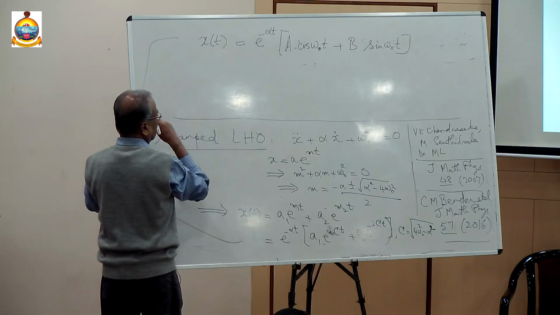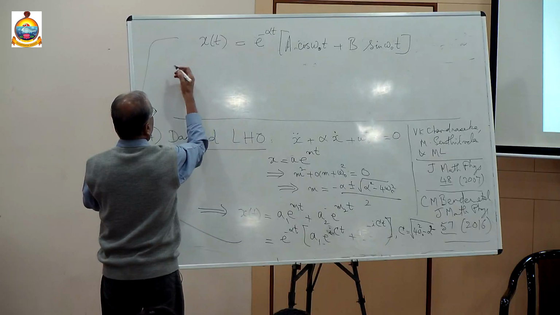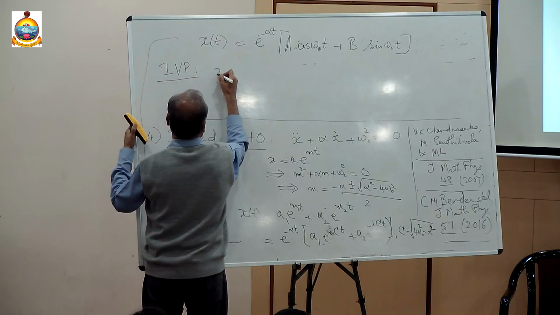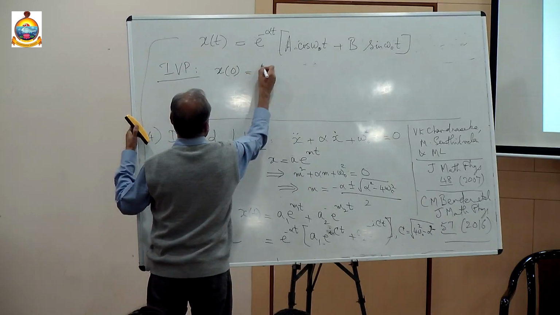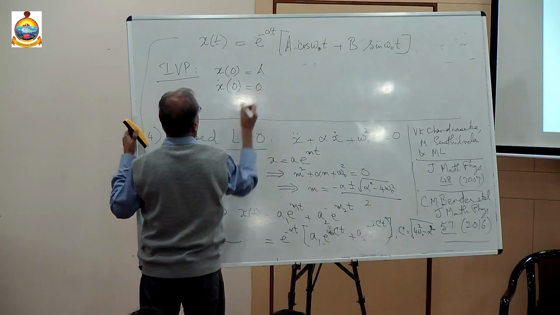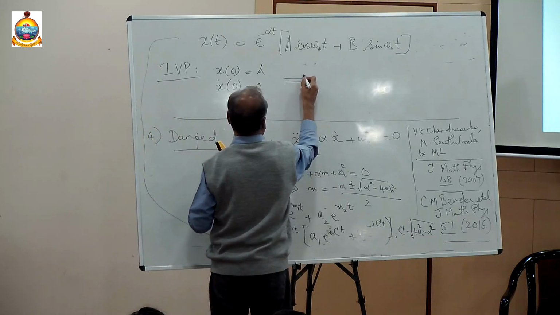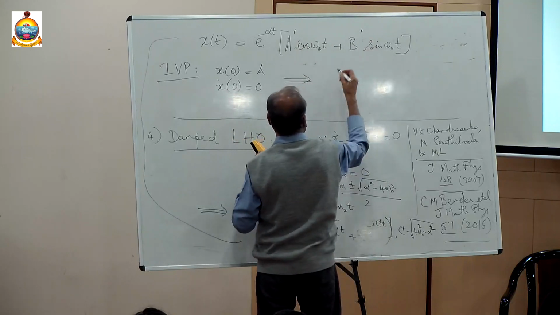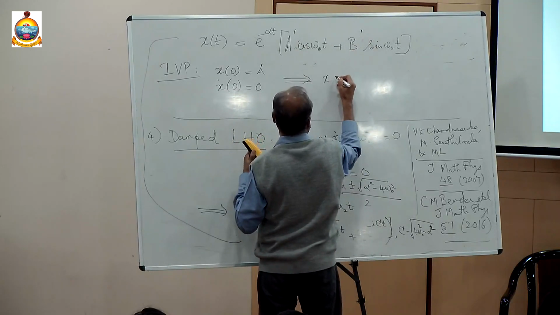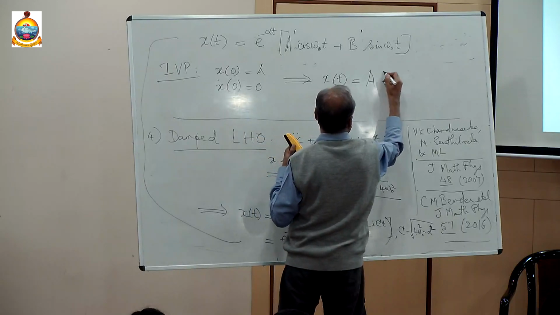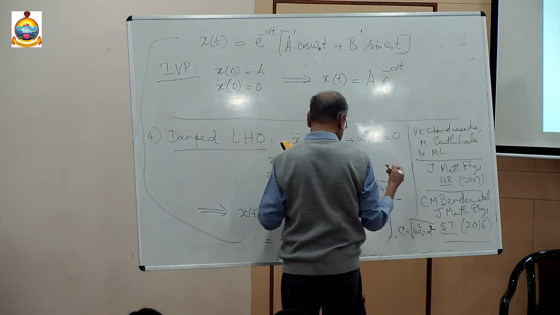Now the initial value problem. As before, x of 0 equal to a and x dot of 0 equal to 0, then you get the solution, maybe I will call the constants a prime, b prime. So you have the solution of this problem as a e power minus alpha t.